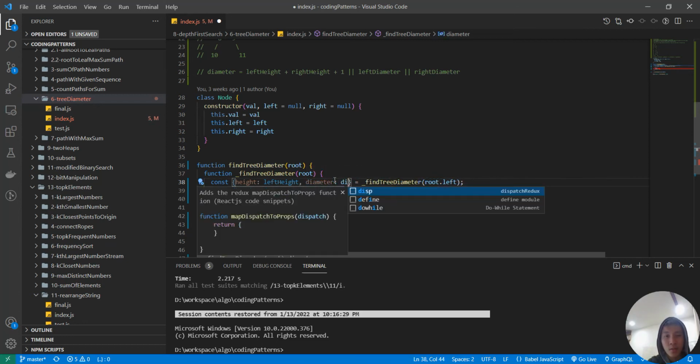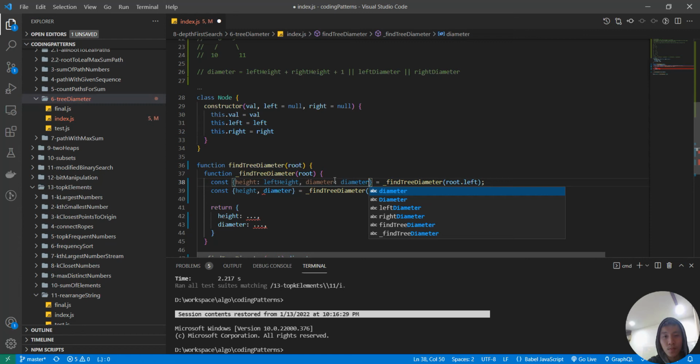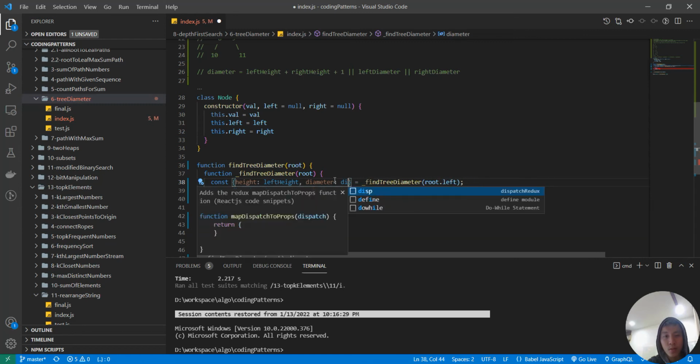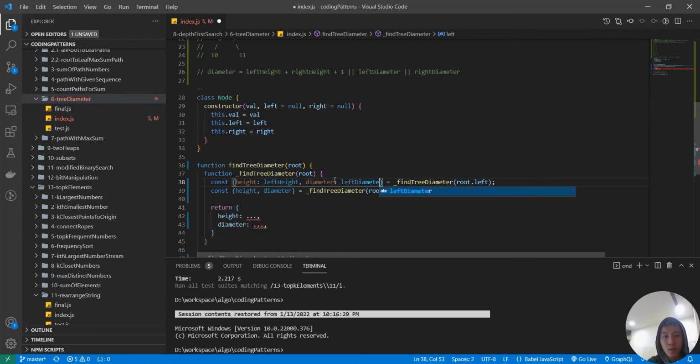Here the left diameter. Okay, here the right height and right diameter.